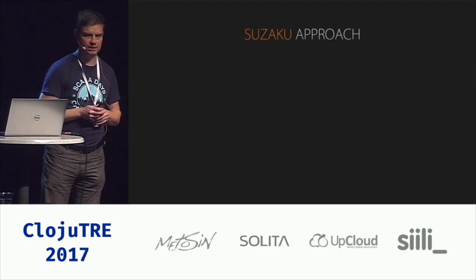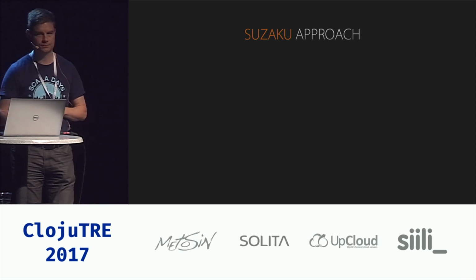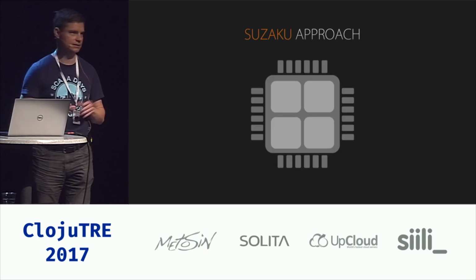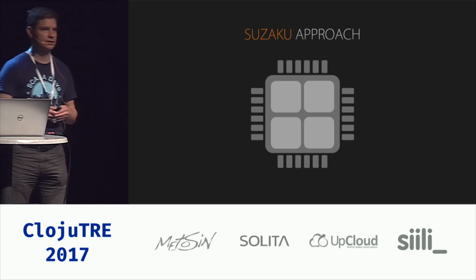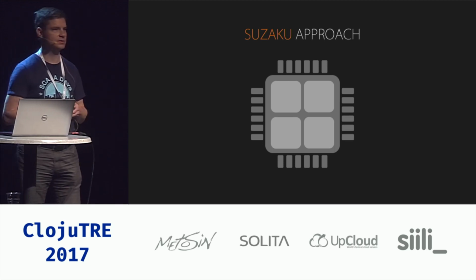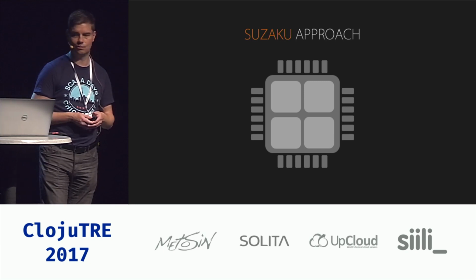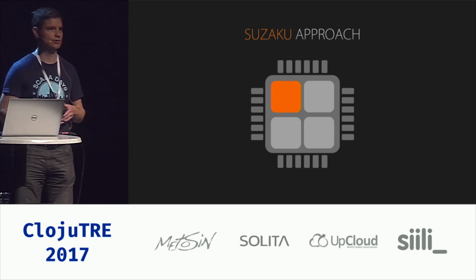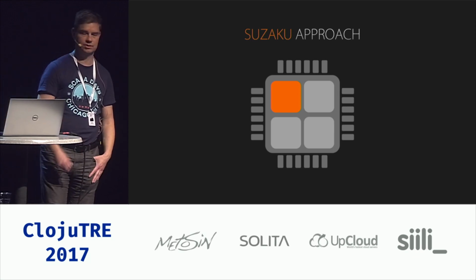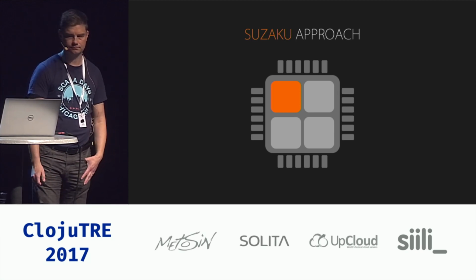In Suzaku, we take a bit different approach. So we all know that mobile devices and desktops now have multiple cores. They might not be so fast cores, but there are more than one. But in the web context, you can typically use only a single core because JavaScript is running in a single thread.